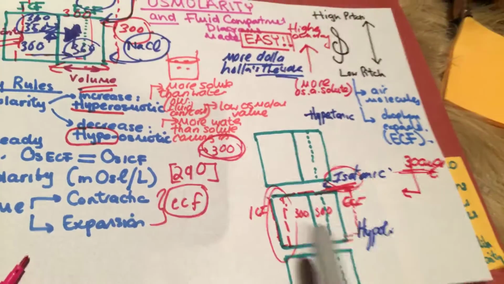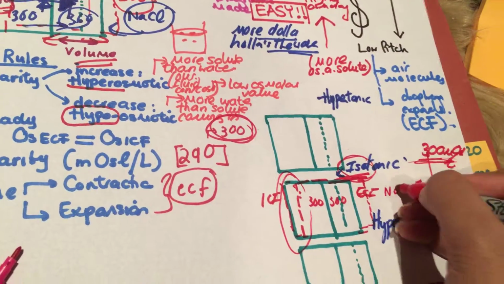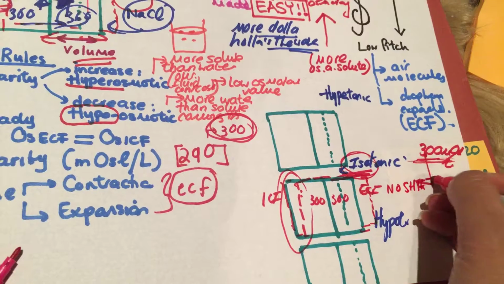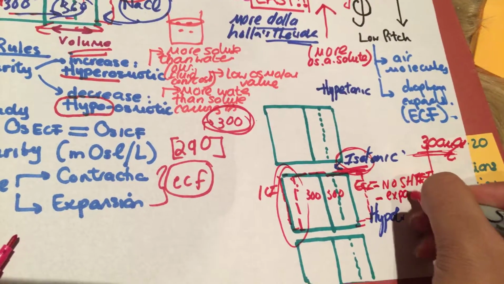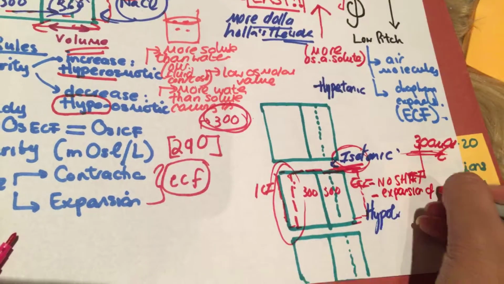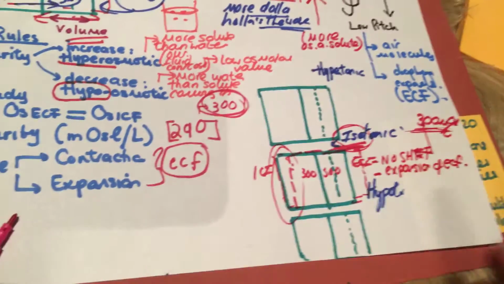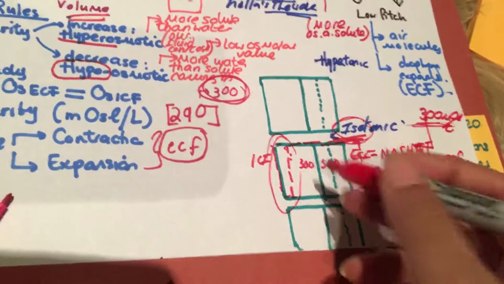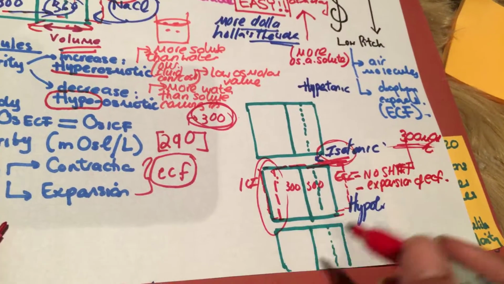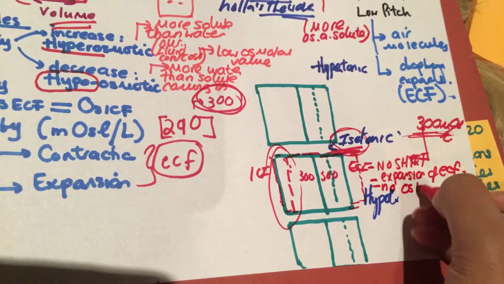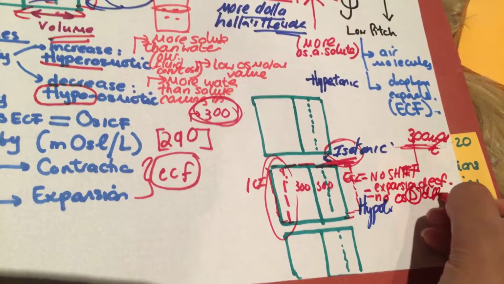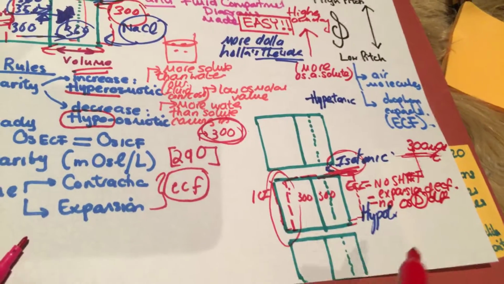No shift, okay? This is quite a boring one. You will have expansion of extracellular fluid, because of course you are adding fluid and it is going to affect the extracellular fluid part, but since osmolarity does not change, there's no difference in osmolarity, there's not going to be any shift.